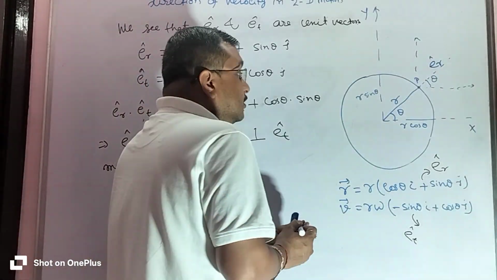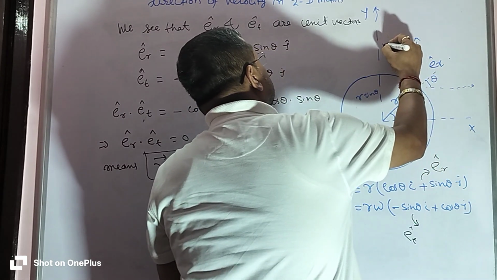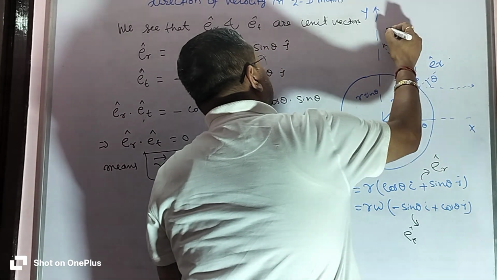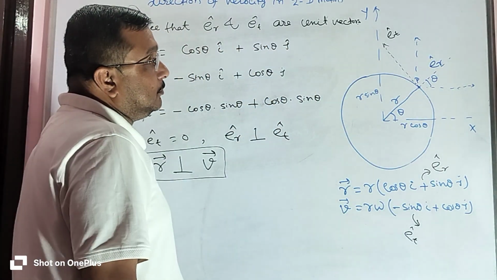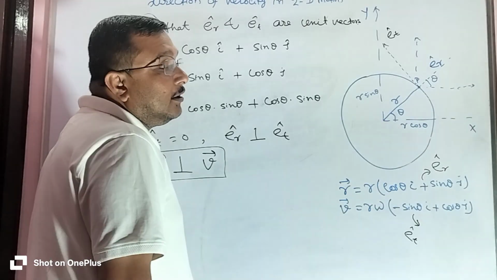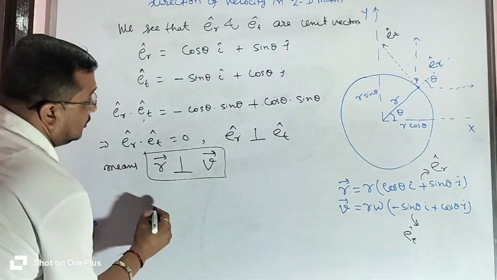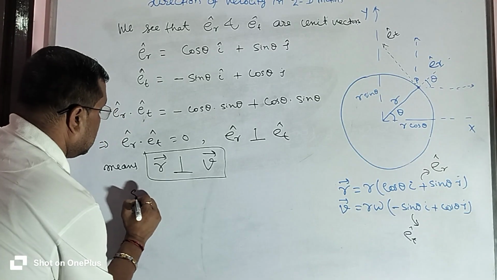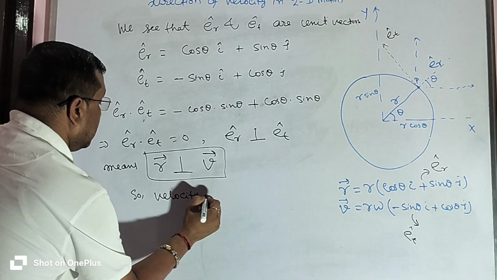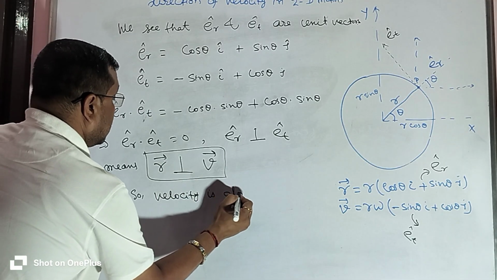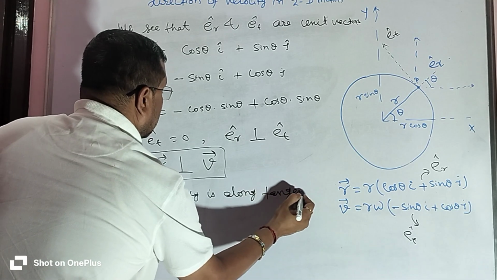So we can show here that this is our ET, and ER and ET both are perpendicular to each other, and ET is along the tangent. So it means velocity is along the tangent.